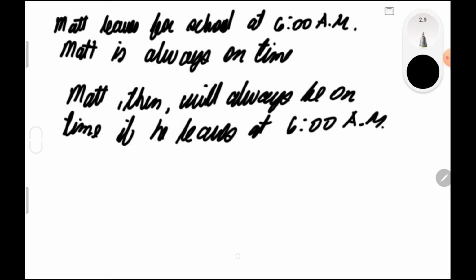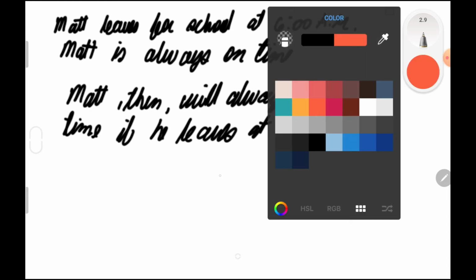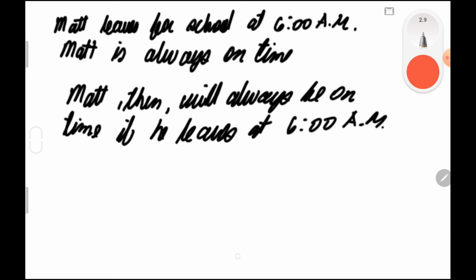So, this is an inductive reasoning. Why? Because we base our logic, okay, from our observation. So, observation muna. So, Math leaves for school at 6 a.m. Ito yung first observation natin. Second observation is that if he leaves at 6 a.m., he will always be on time.